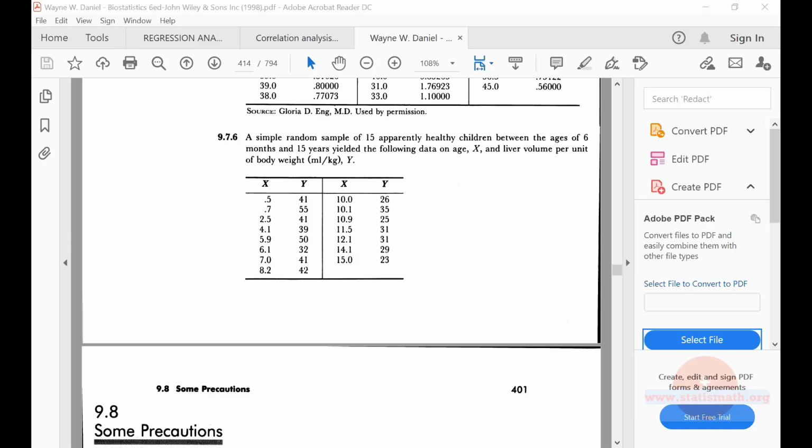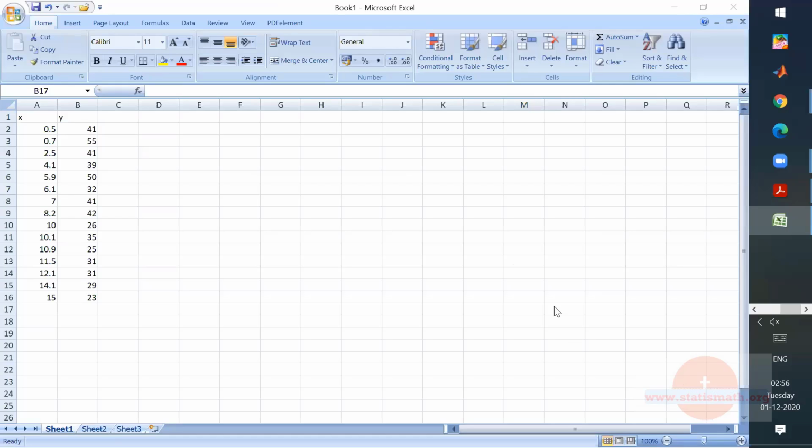Now I'm going to share that Excel sheet. You all entered this, right? Next, what do you want? According to the formula, you want x squared, y squared, and xy.